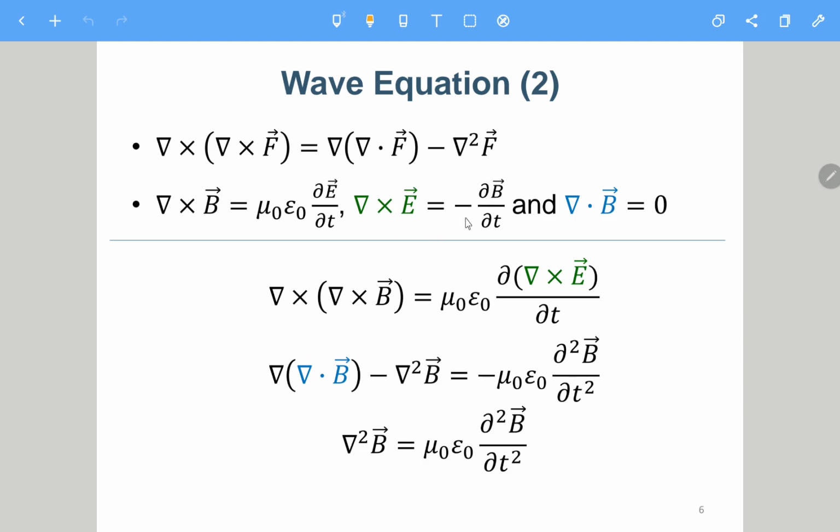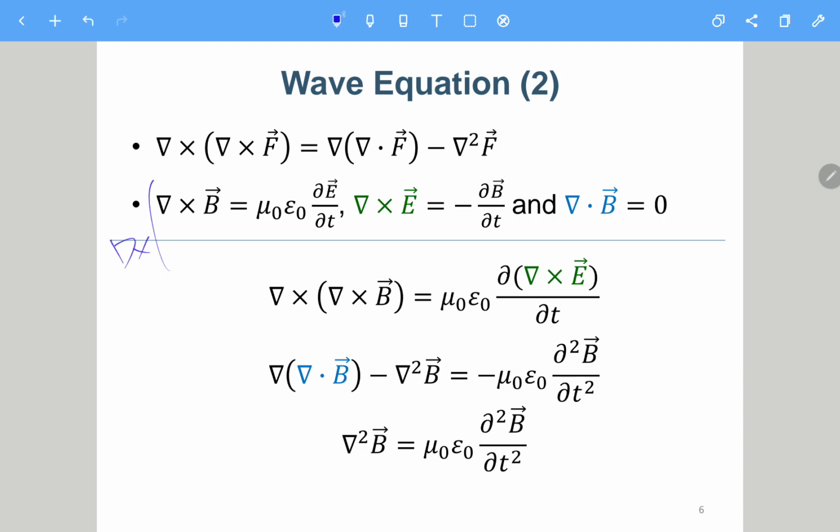This is Faraday's law. This is Gauss' law for magnetism. And here we would like to get this term, so you can consider that we need to take the curl of Ampere's law rather than Faraday's law.